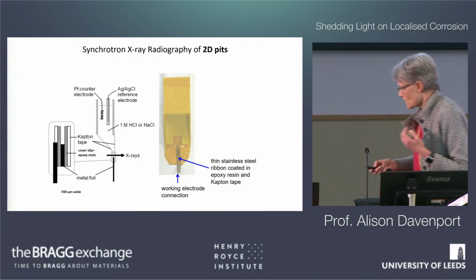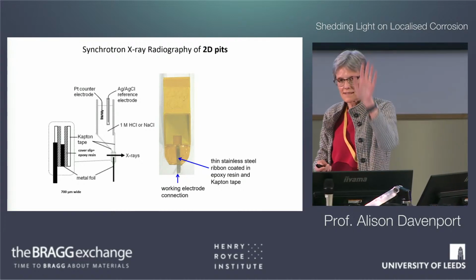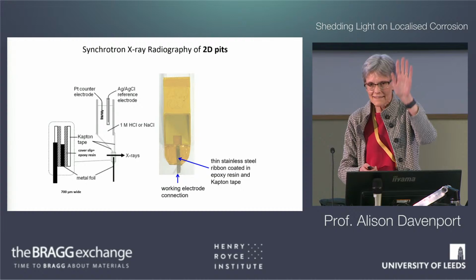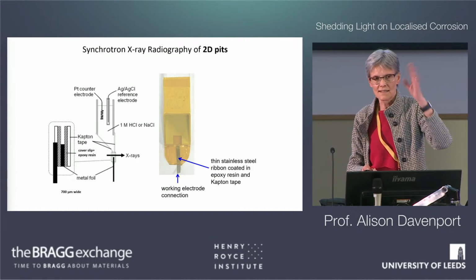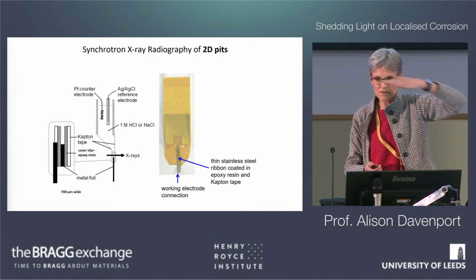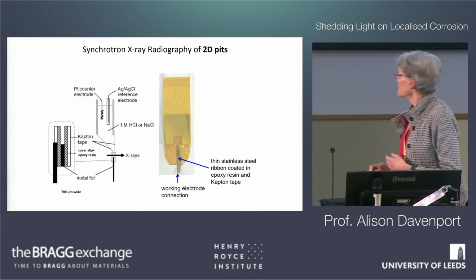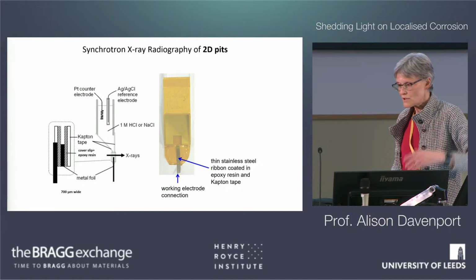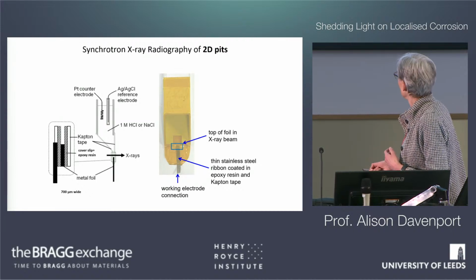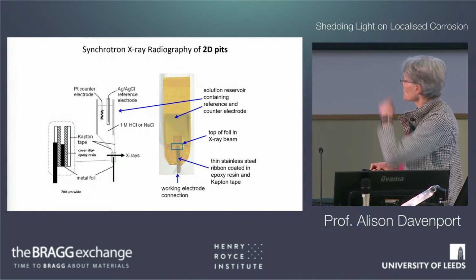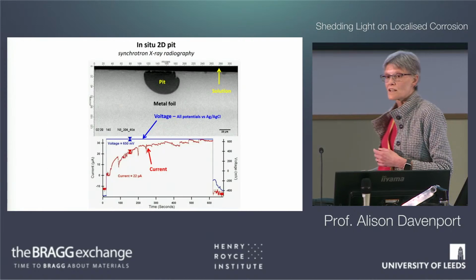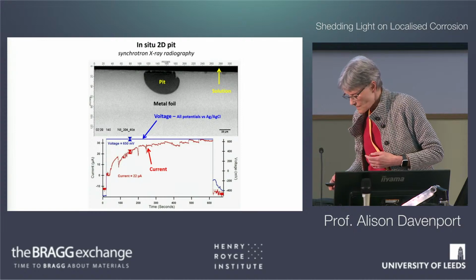So I took a very thin foil of stainless steel, so it's like a 2-dimensional metal, about 50 microns thick. Embedded it in epoxy, snipped the top off so we got a nice clean electrode, and essentially did some synchrotron radiography on it. And I'm going to show you a video of how these pits grow, which I'll explain first of all.